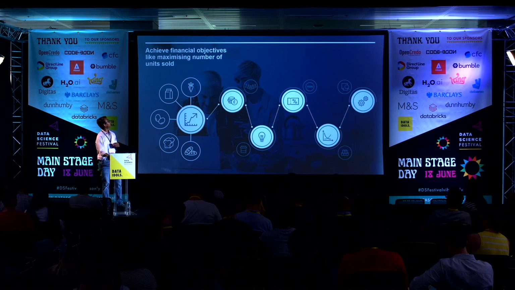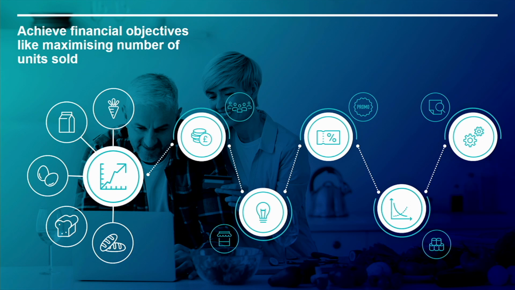Our grocer is only interested in achieving financial objectives like maximizing revenue or cash sales, maximizing profit. In particular, for this example, we are talking about just maximizing the total number of units that they sell from the store. Now, they can do multiple things to achieve their objective of maximizing the number of units that they are selling from the store.